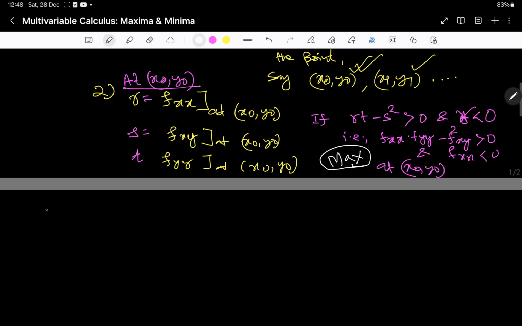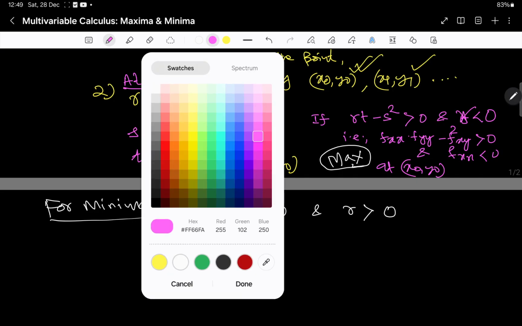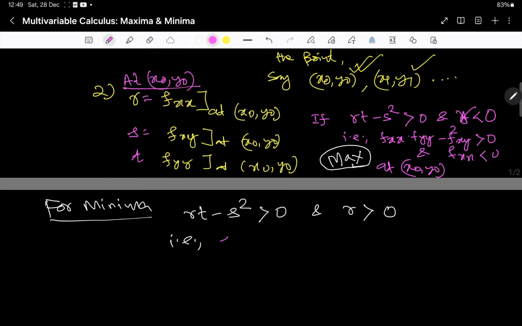And for the point of minima, here rt minus s square is positive and r is positive. This is the same thing as f_xx into f_yy minus f_xy square is positive and f_xx itself is positive, right?